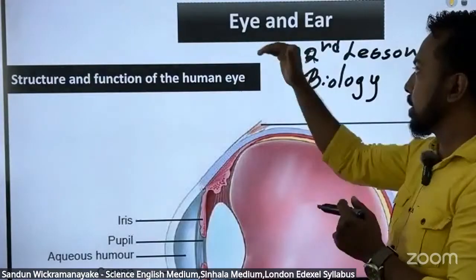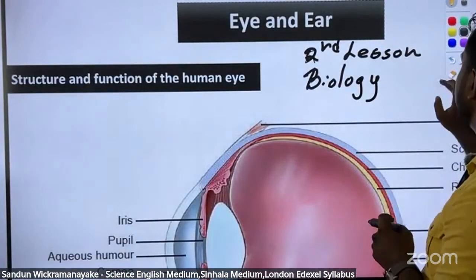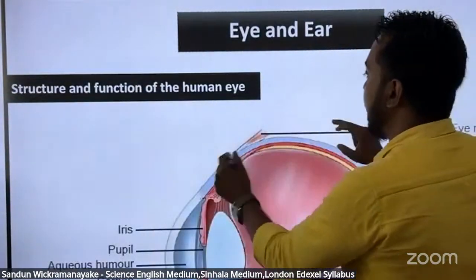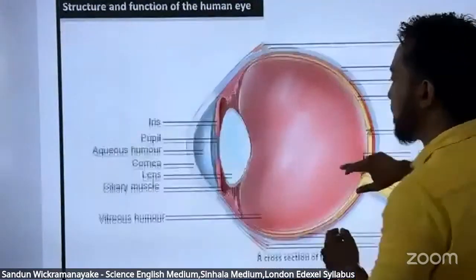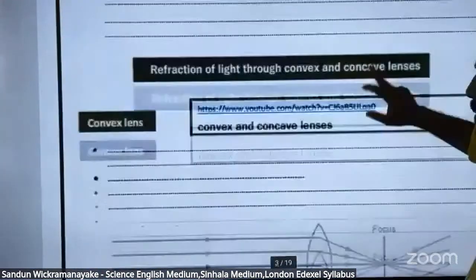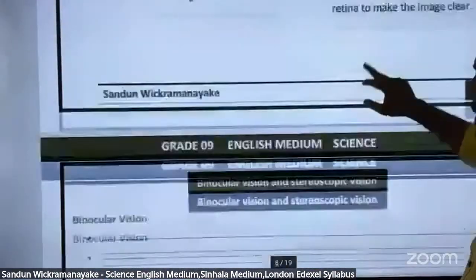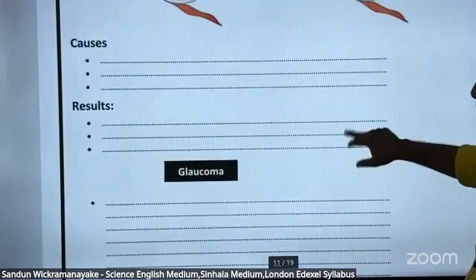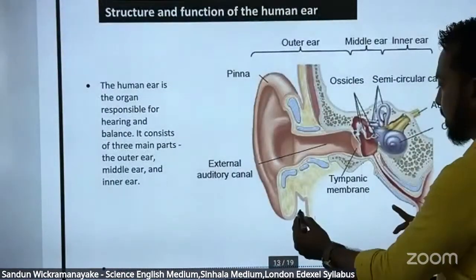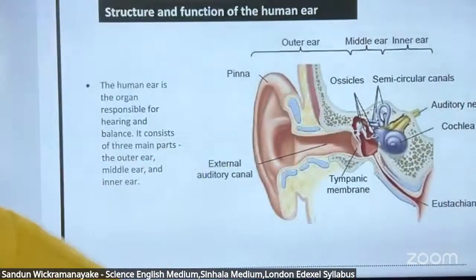lesson called Eye and Ear, because we are going to learn about the eye, and also about the ear. Ear is the shortest part of this lesson.